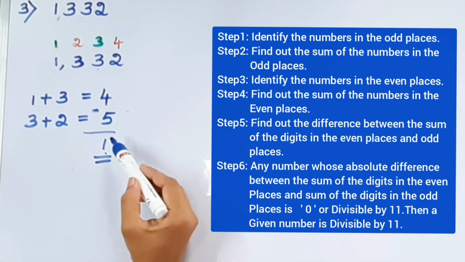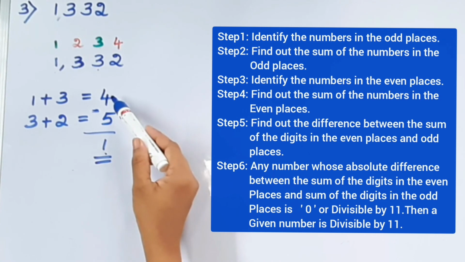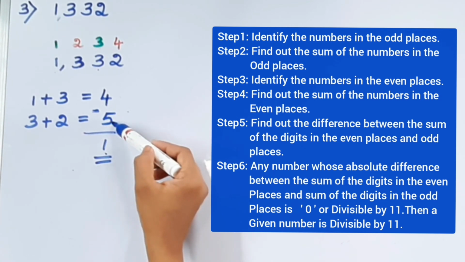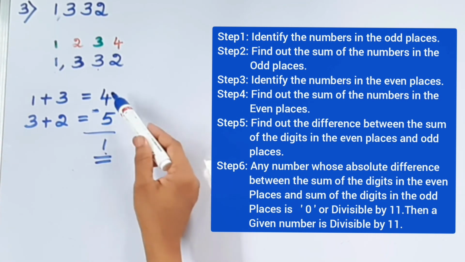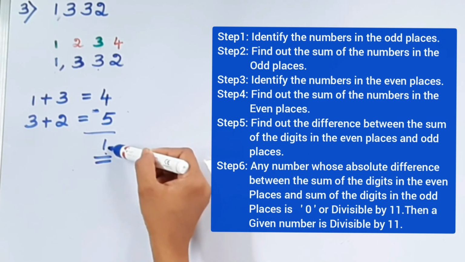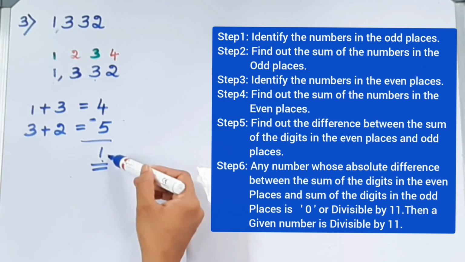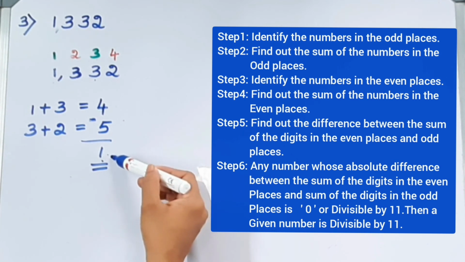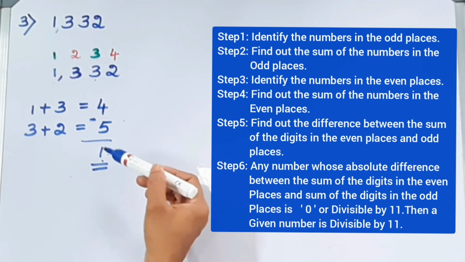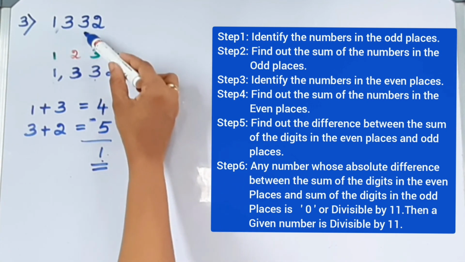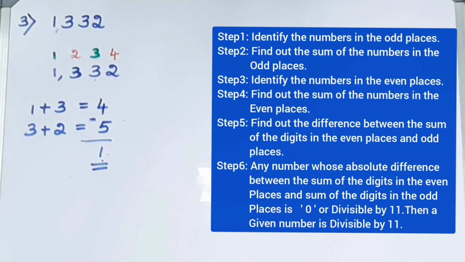Here the difference between the sum of the even places and the sum of the odd places is not 0. It is 1, and 1 is not divisible by 11. Therefore, 1332 is also not divisible by 11.